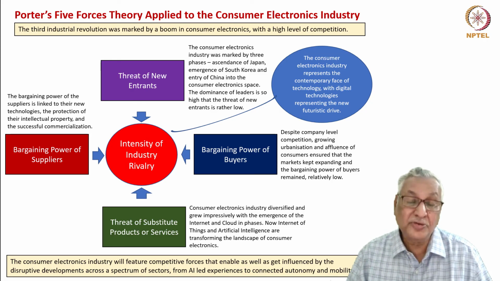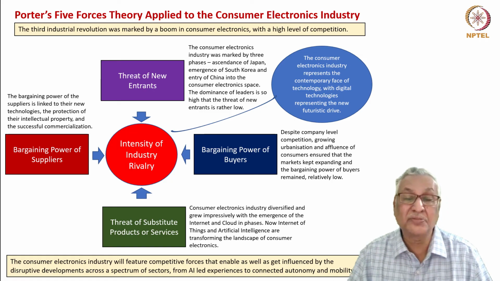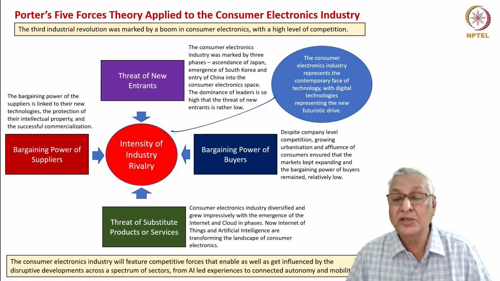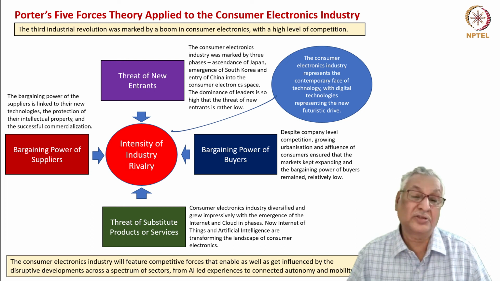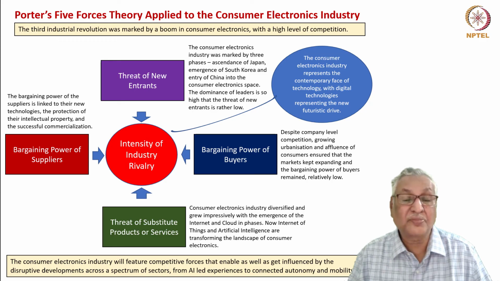The buyers have huge choice, yet the bargaining power of buyers is kept in check by the kind of technological changes and the brand loyalty programs that the suppliers have been able to come up with. So, expansion of the requirements has not necessarily resulted in bargaining power of buyers. Otherwise, how would one explain that even today, generation after generation, the premium smartphones are priced at 150,000 or 175,000?